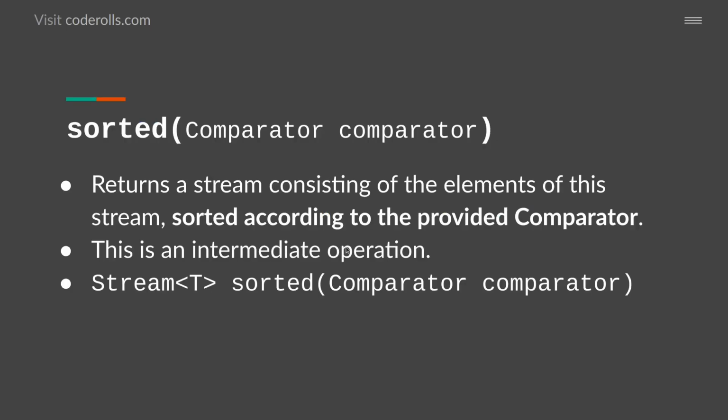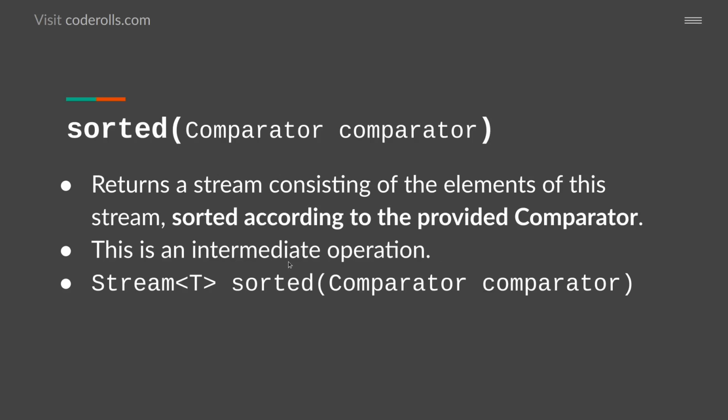Okay, so we have seen the sorted method which does not accept any parameter, but now we will see the sorted method which accepts a comparator object. We know that a comparator object is used to provide custom sorting logic. So the sorted method will return a stream consisting of the elements of this stream sorted according to the provided comparator.